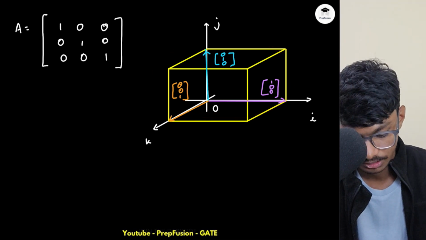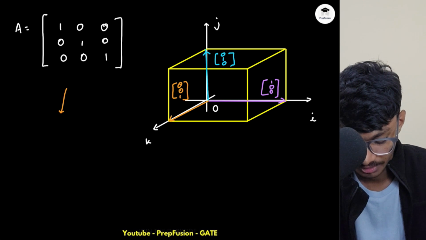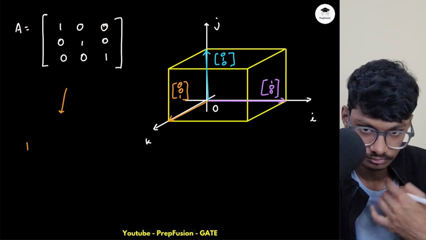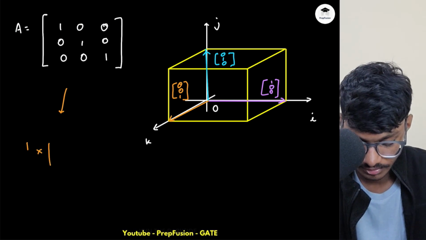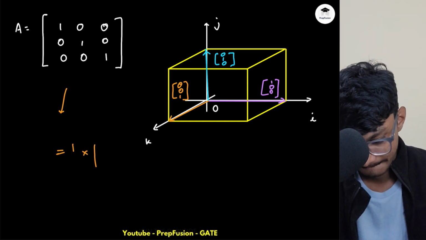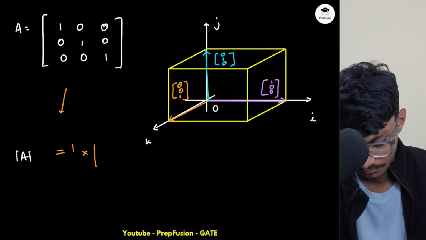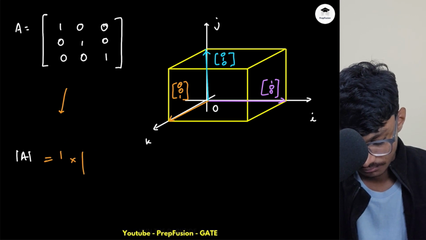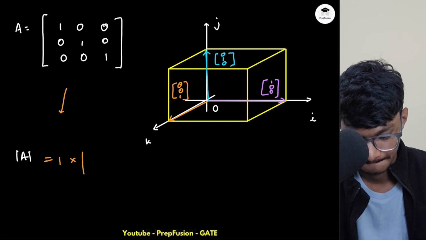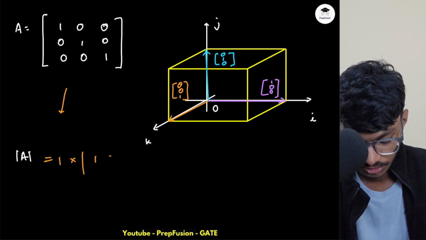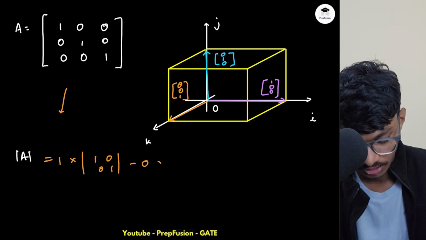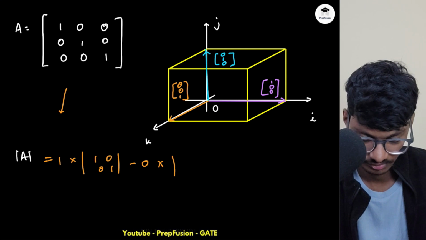So here if I break this down along the first row, 1 times, I will write, this is 1 0 0 1, then everything else is minus 0 times anything, so I don't care about that, but still I will write it.